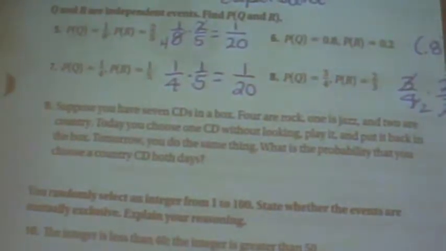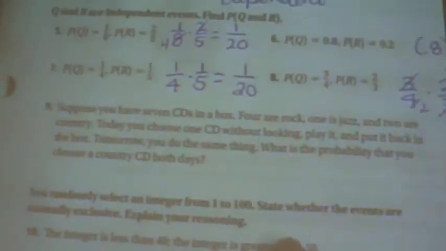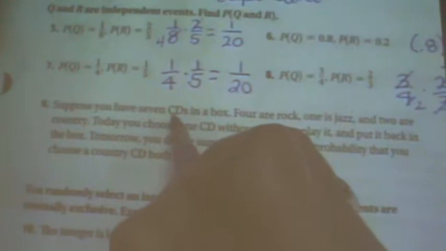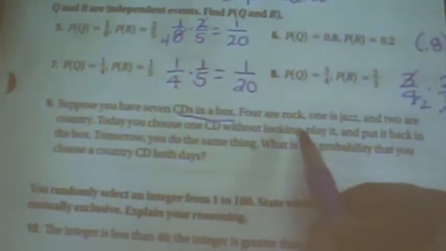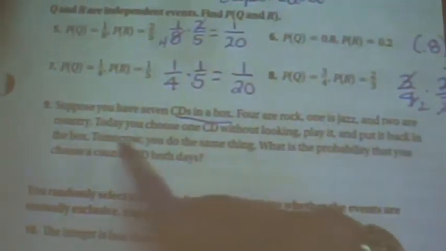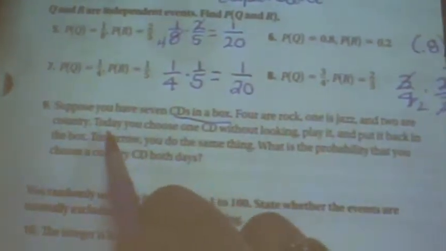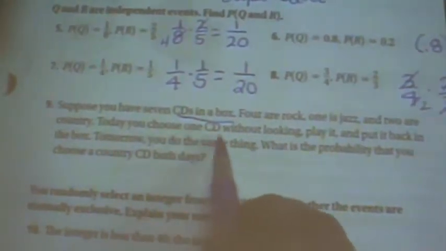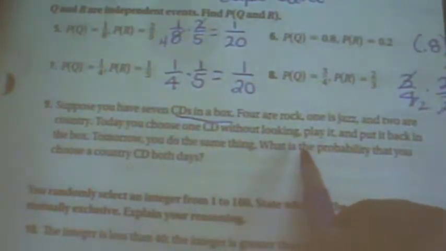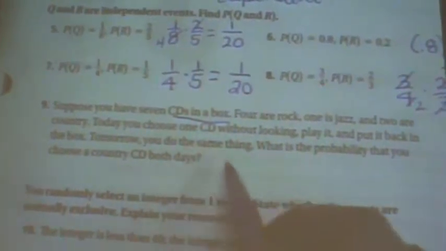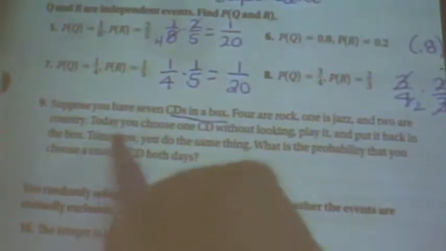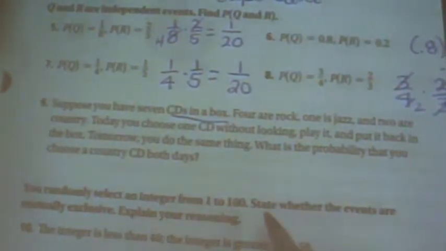So here's a story problem relating to these. Suppose you have 7 CDs in a box. We have 4 rock, 1 jazz, and 2 country. So 4, 5, 6, 7. Today you're going to choose 1 CD without looking, and you're going to play it and put it back. The next day you're going to pick another CD and play it.